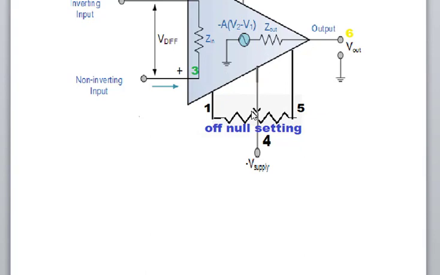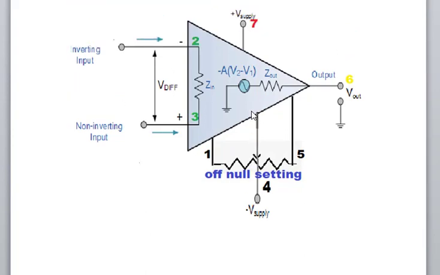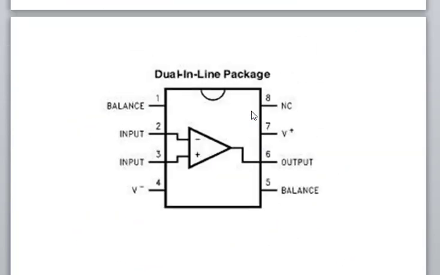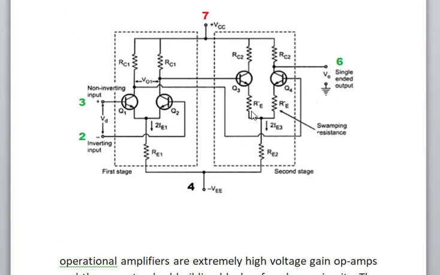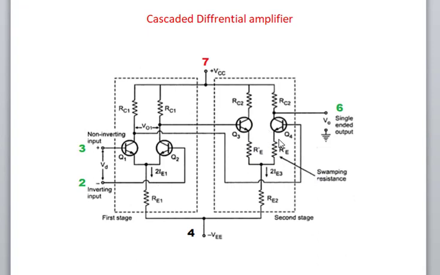The offset voltage is produced due to the mismatching of the output impedance of the first differential stage and the input impedance of the next differential stage. Both impedances are not matching.